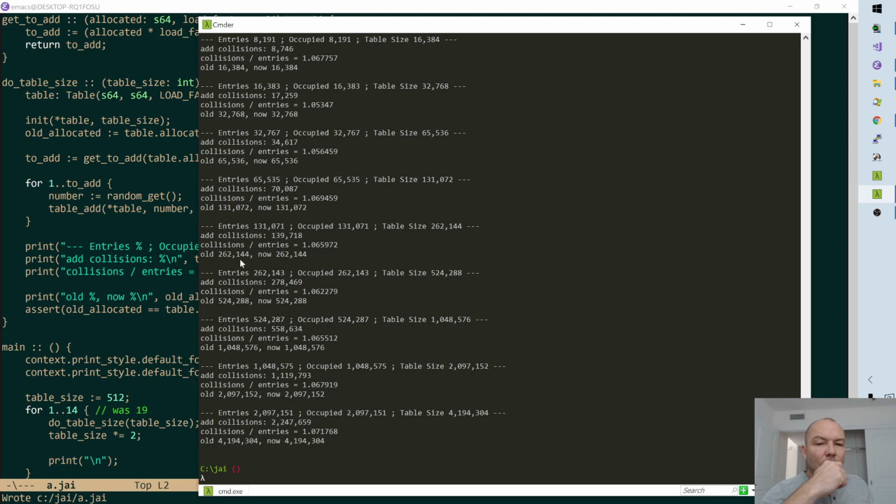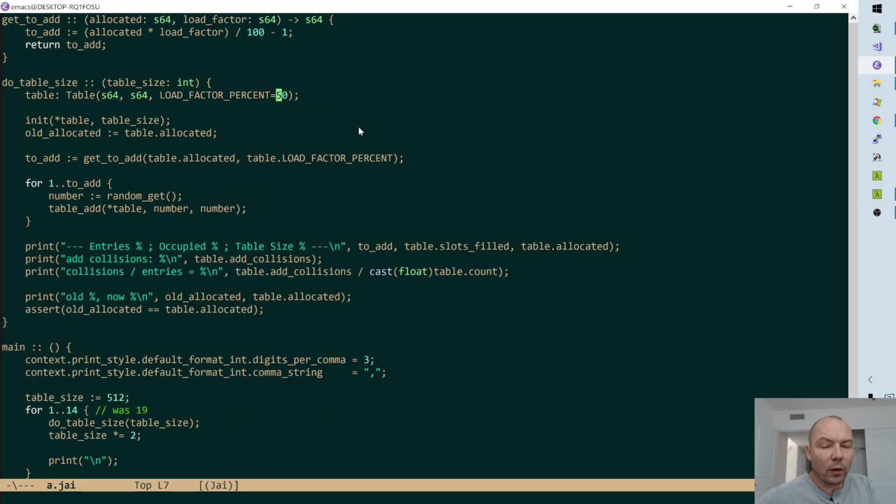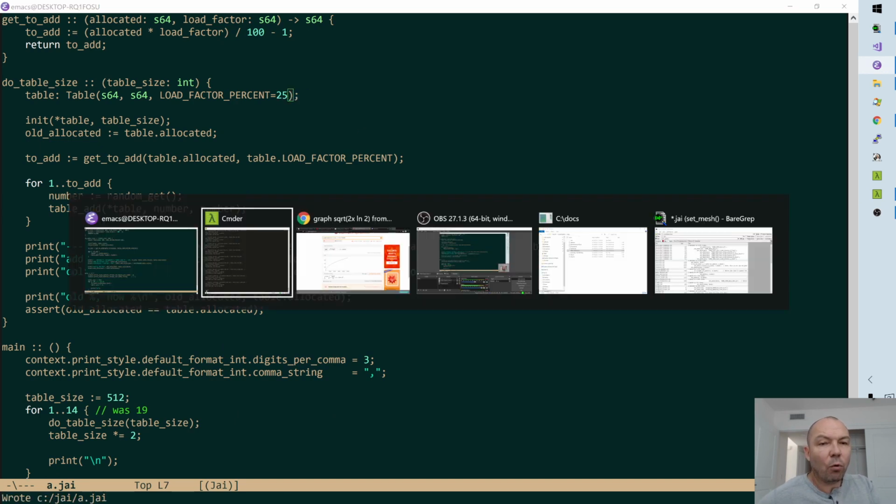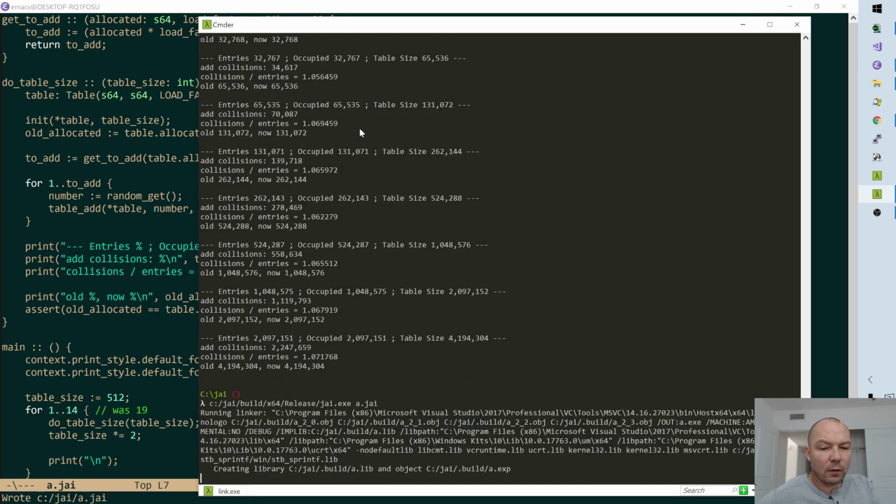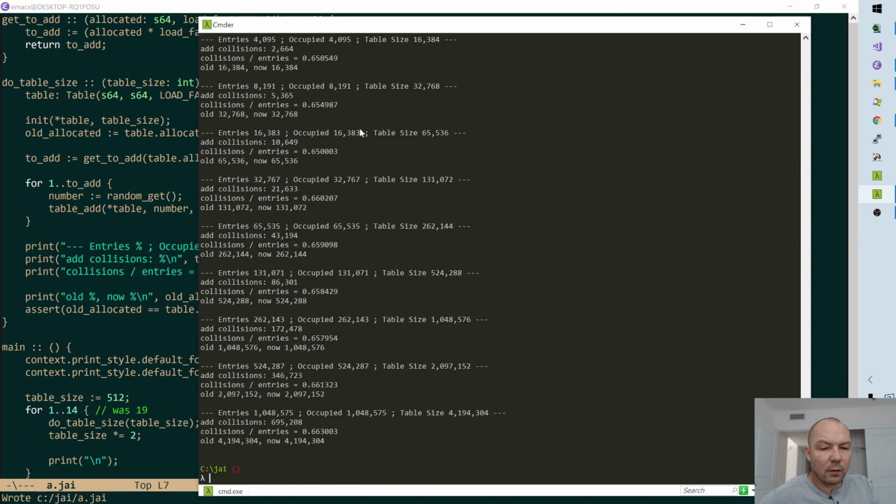Right. Okay. So this all makes sense. Our load factor is 50%. If we add exactly 50%, guys, we're going to go over. Is our load? Yeah, it's 50. Okay. If it's 25, yeah.